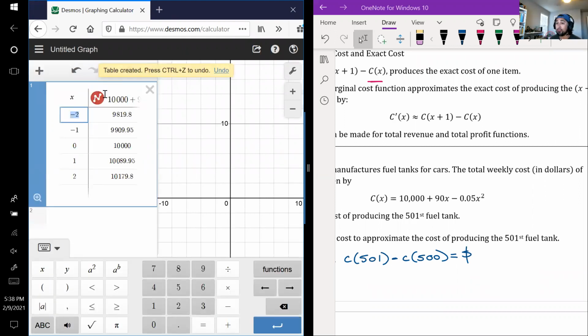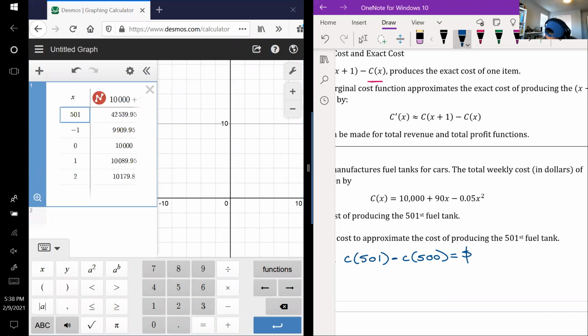And this is going to be a lot faster because I'll say 501. And that gives me 42,539.95 minus, and then over here, I'll type in 500, and that gives me 42,500.